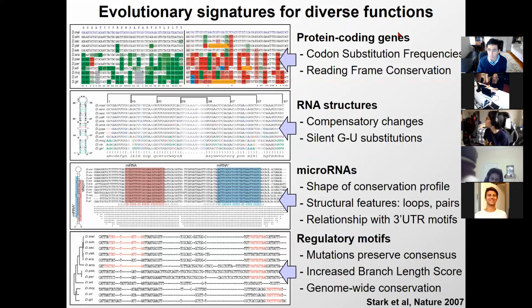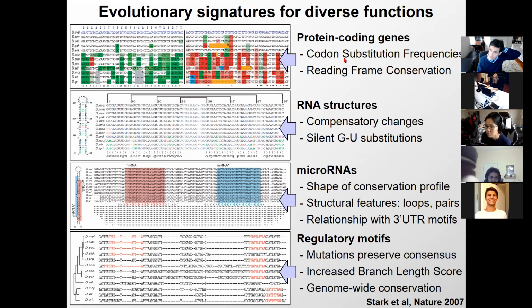For example, if you look at protein coding genes and you compare protein coding versus non-coding regions, the codon substitution frequencies themselves are telling you that triplets of nucleotides are exchanged at a rate that is consistent with selection for amino acid function, whereas in non-coding regions, triplets are exchanged roughly randomly.